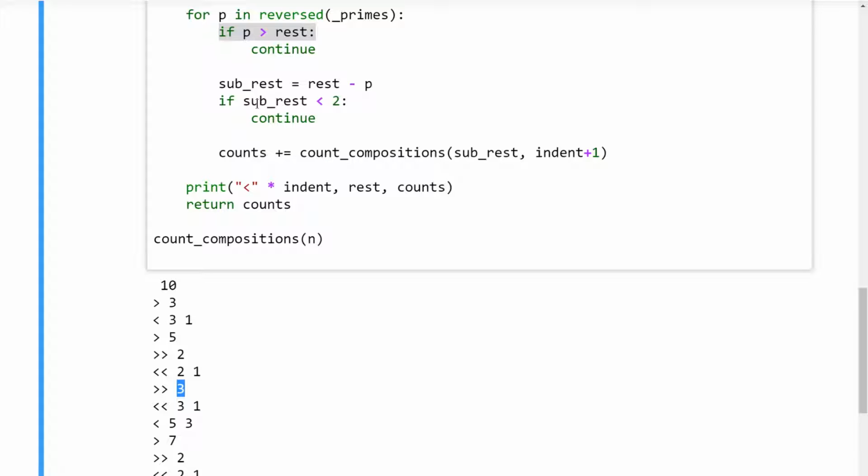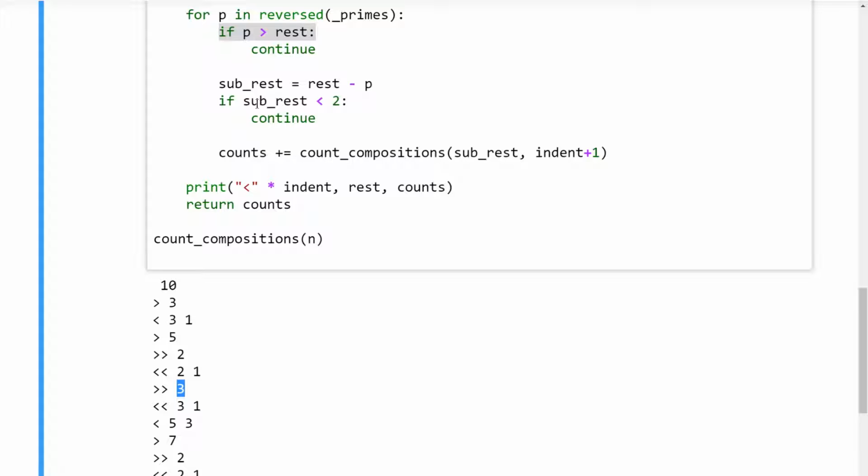So if the rest is greater than the prime... It's the same as reaching the half, but will it? No. Okay, but it will not work globally, just for that case inside the second call of the count.